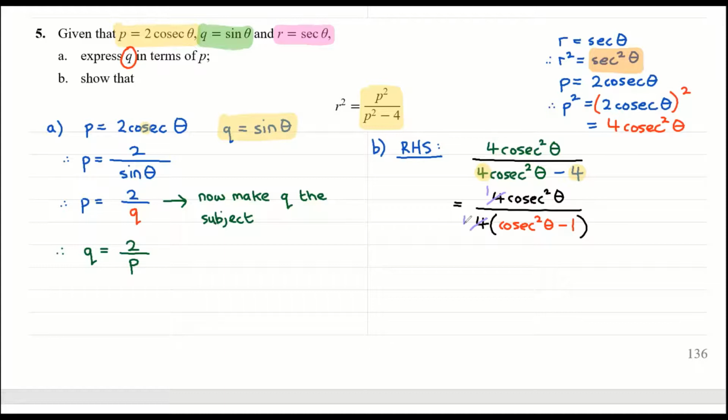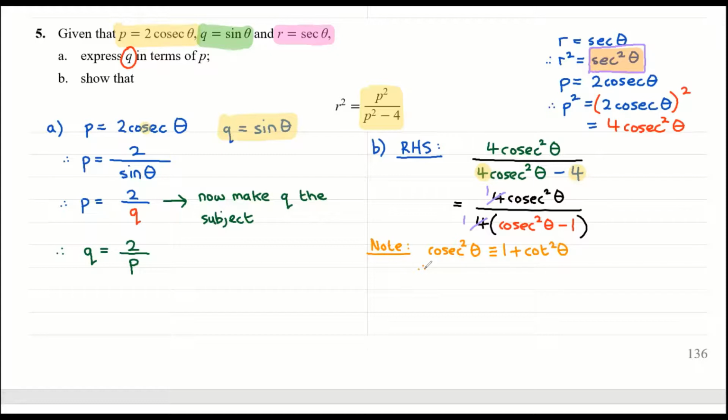Now, we've got one eye on what we want to achieve. We want to get to this sec squared theta. Okay, now I can simplify the cosec squared subtract 1 using one of the identities, which is the basis of this lesson. So remember, of course, I'll put a little note here that cosec squared theta is identical to 1 plus cot squared theta.